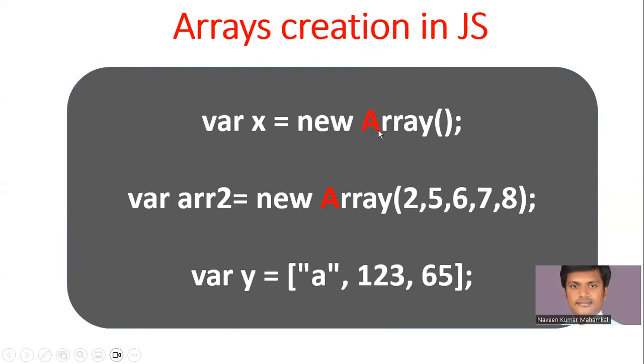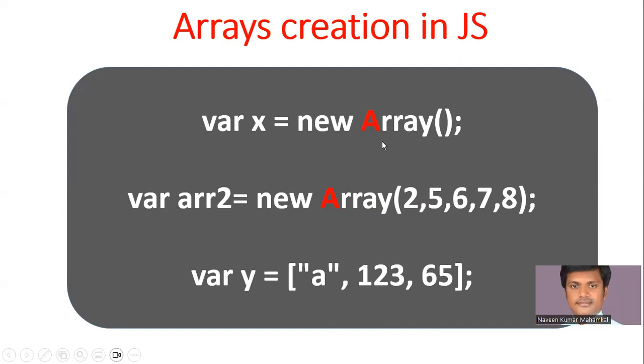Remember here A is capital. It is like a constructor calling mechanism. So an empty array has been created. By using the second statement, an array has been created with 5 elements 2, 5, 6, 7, 8.